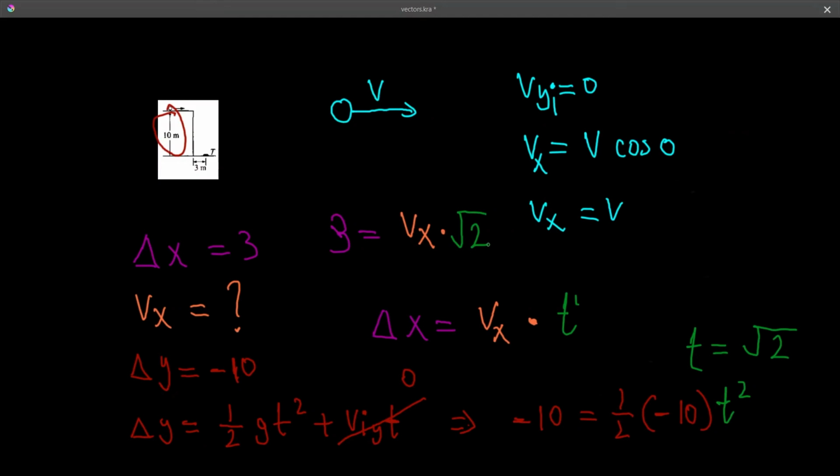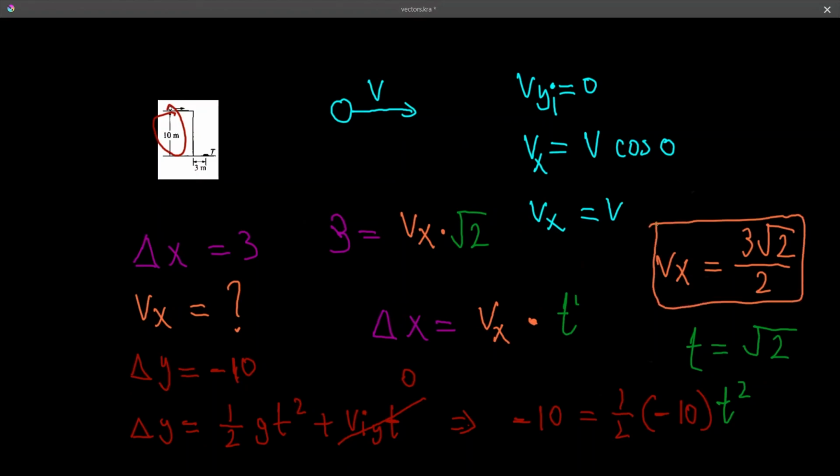Divide by radical 2 on both sides, and you get your answer, which is that Vx is equal to 3 over radical 2. If you don't want a radical in the denominator, that would just be 3 radical 2 over 2. And that's your final answer.